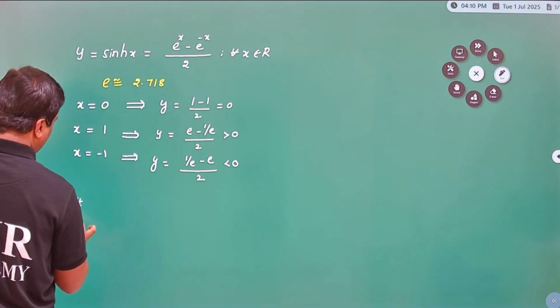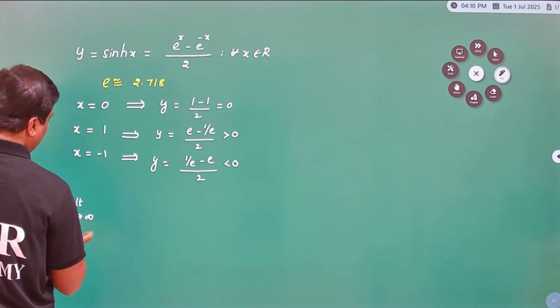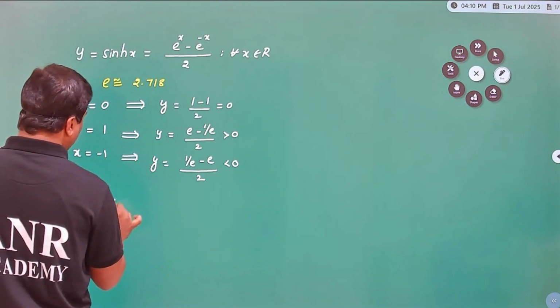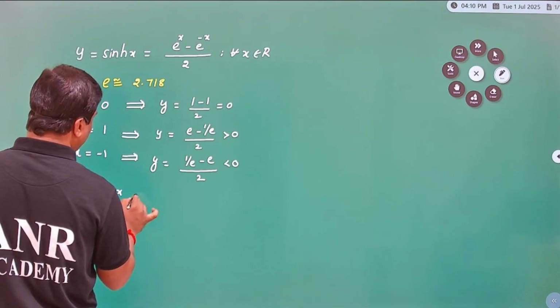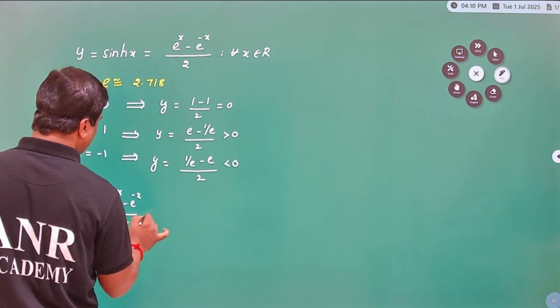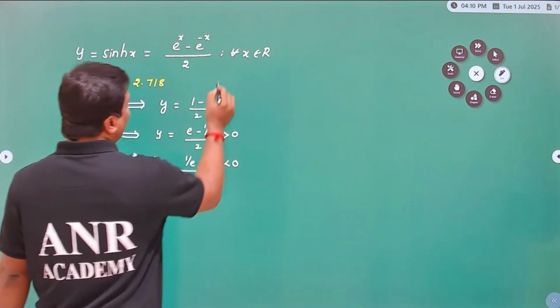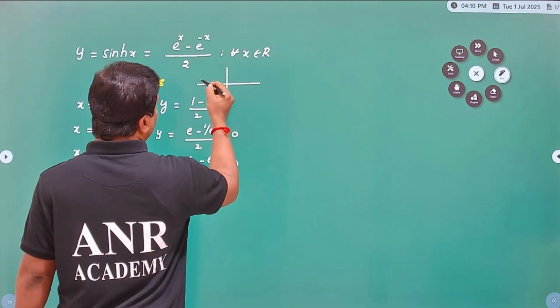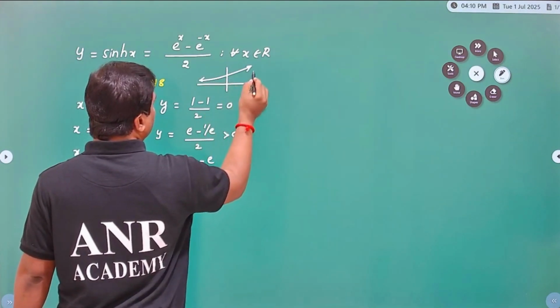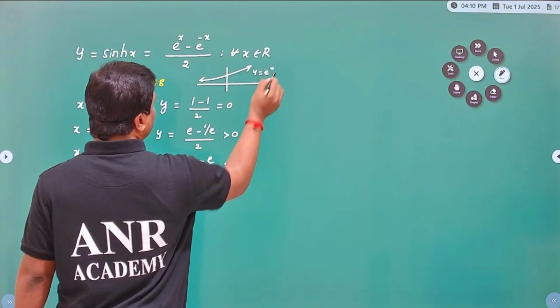And observe, as x extends to infinity, what happens? Observe, e power x minus e power minus x by 2 is the function. You know that this is the graph of e power x.